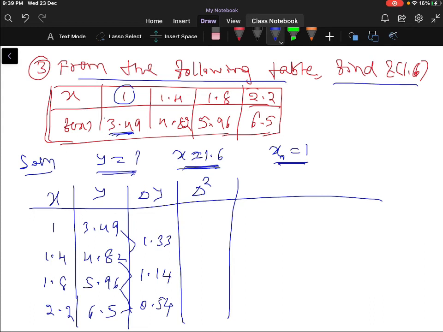Let us move to the second forward differences. 1.14 minus 1.33, that is minus 0.19. 0.54 minus 1.14, that is minus 0.6. So these are the second forward differences. I will construct the third forward differences. Minus 0.6 minus of minus 0.19, that is minus 0.41.